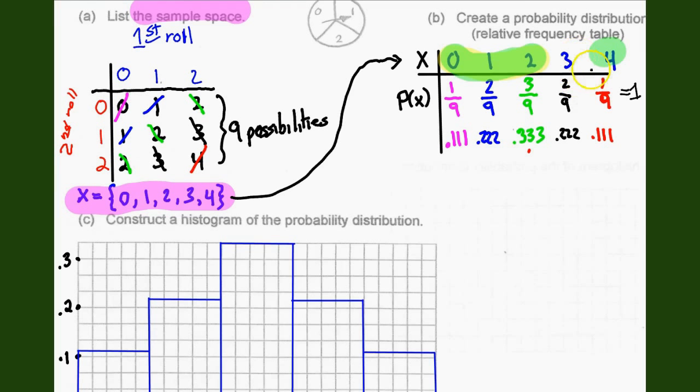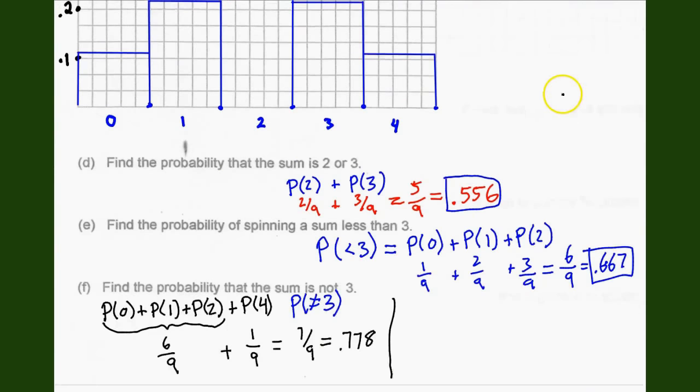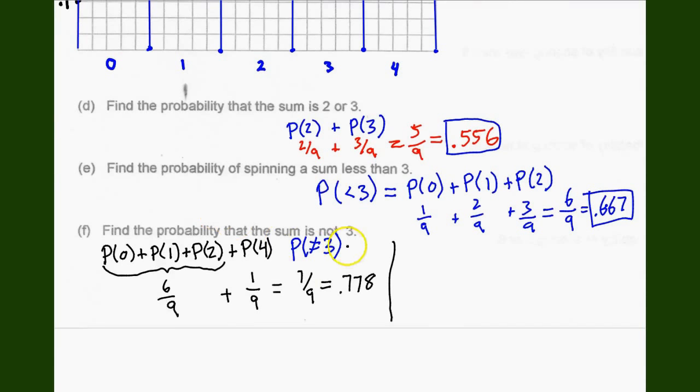If we want to find out the probability of something not happening here, like the probability of not getting a 3, we could just take 1 and subtract out that probability, and that would leave us with everything else. So for instance, the probability of not 3 is going to be the same as 1 minus the probability of 3.